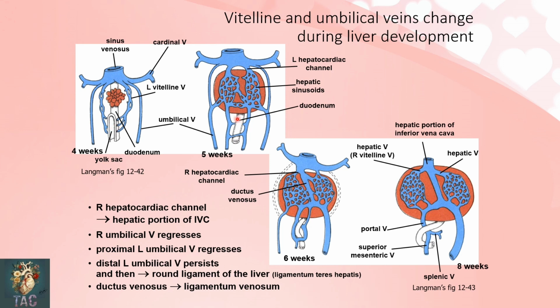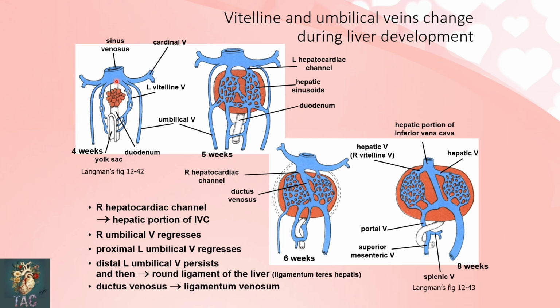In this diagram you can see a shunting of blood from the left side of the sinus venosus to the right side. As a result of this shunt, the proximal portion of the left vitelline vein disappears, and the proximal part of the right vitelline vein forms the right hepatocardiac channel, which forms part of the inferior vena cava.